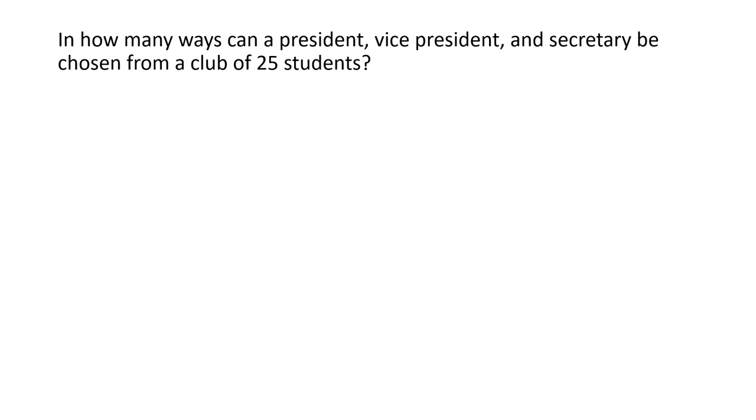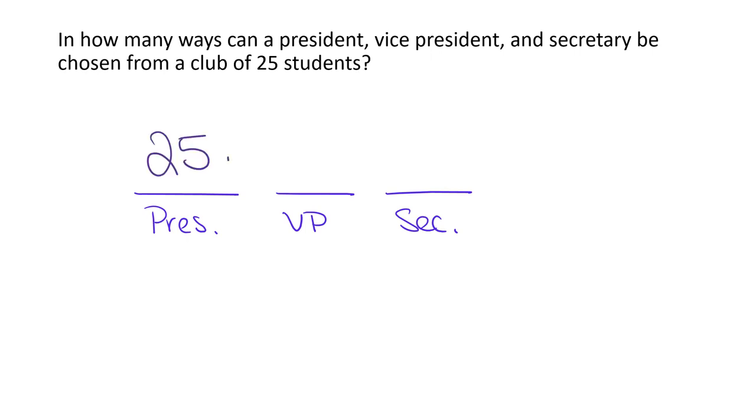All right, here's one more example. In how many ways can a president, vice president, and secretary be chosen from a club of 25 students? All right, so it's 3 things still. We're going to choose a president, a vice president, and a secretary. So if we pick our president first, there's 25 different options.